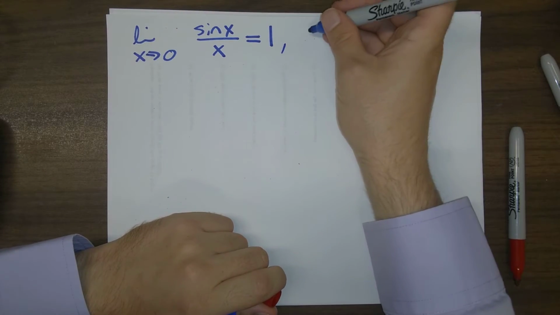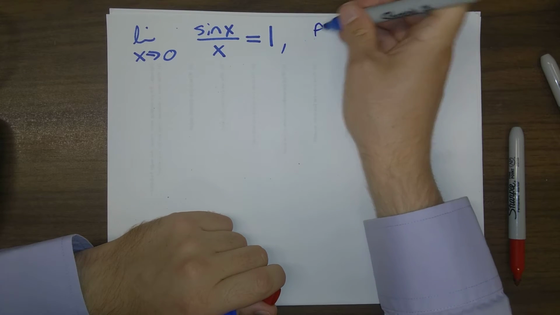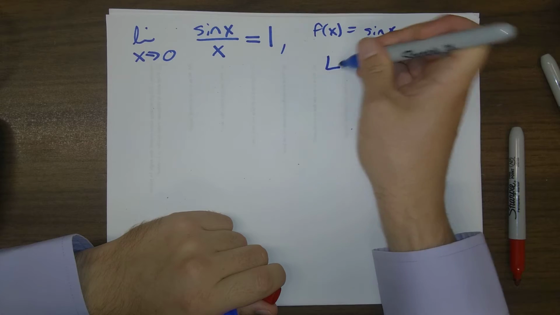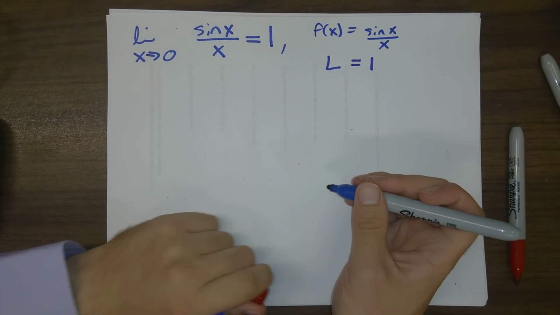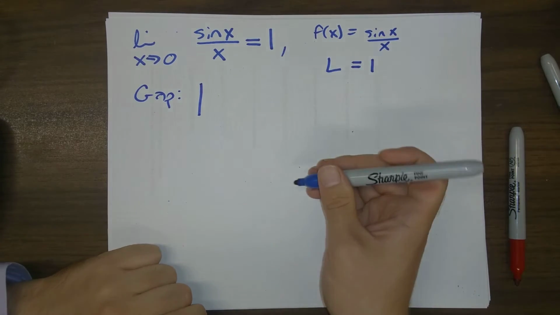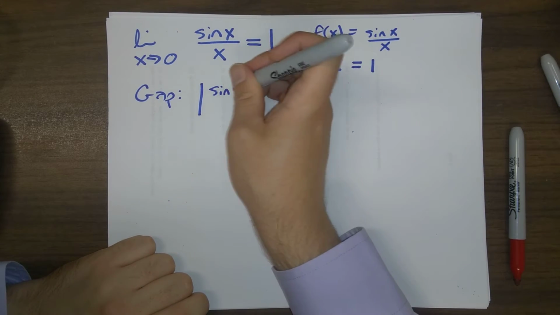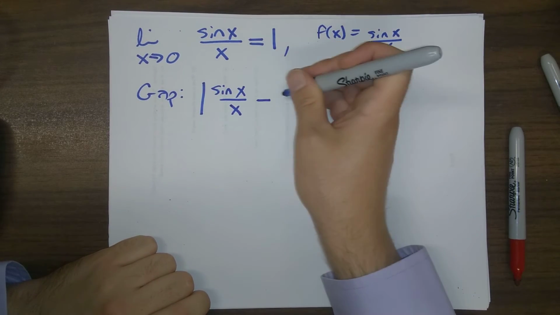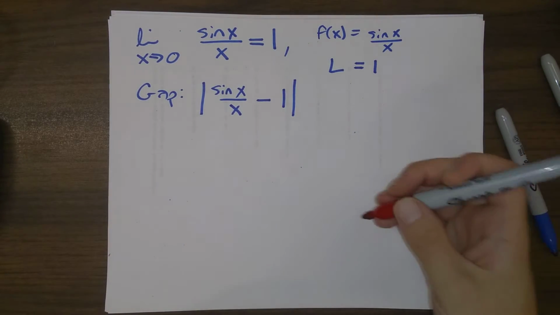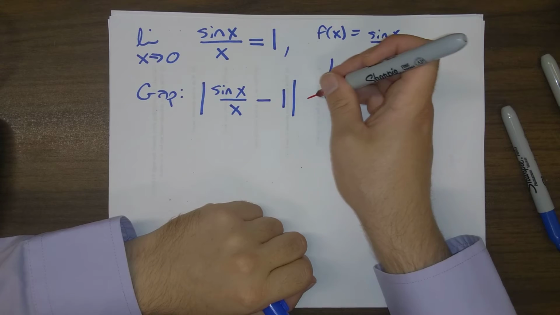So here, f of x is sine x over x, L is equal to 1, and so our gap is the absolute value of sine x over x minus 1. This is the thing that we want to make small.